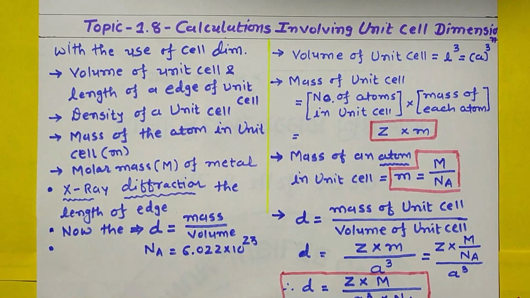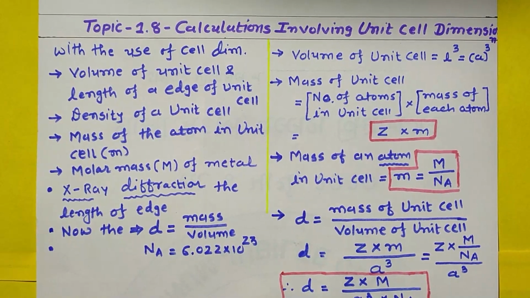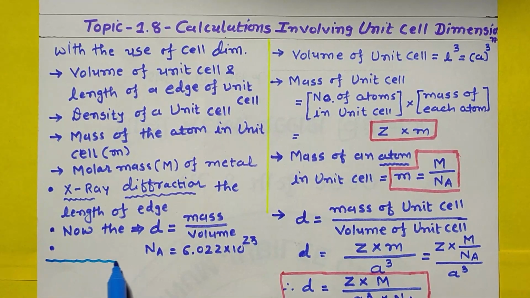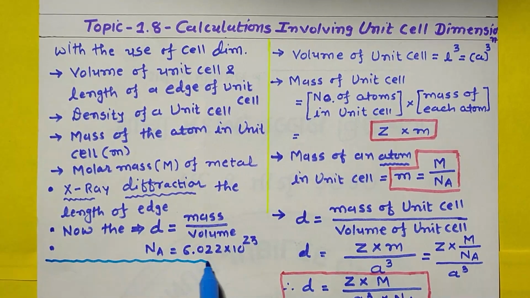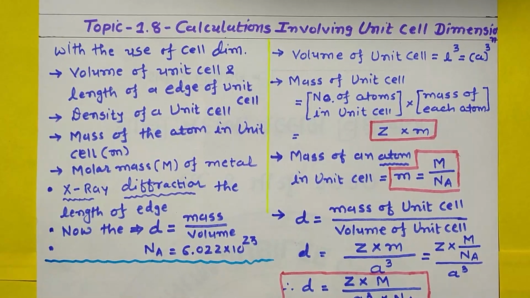Okay, now with the use of this formula, what can we do? We can do wonders with the use of this formula. Which type of wonder can we do? Look here. In this formula, we have 5 parameters.